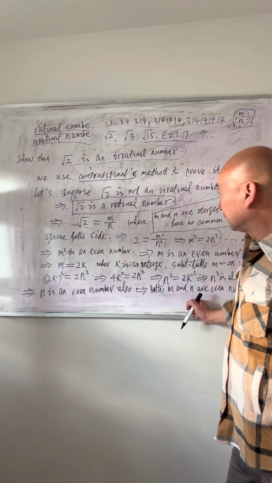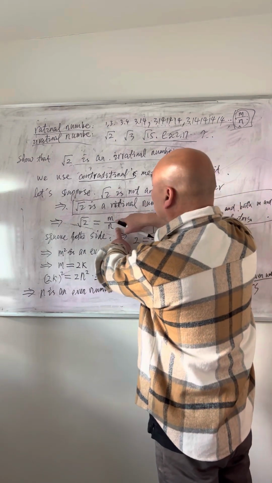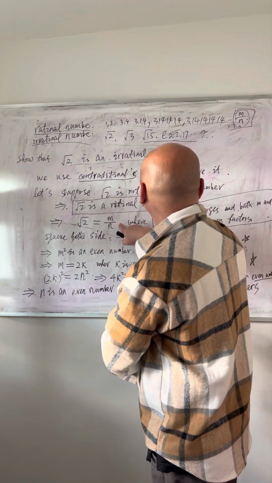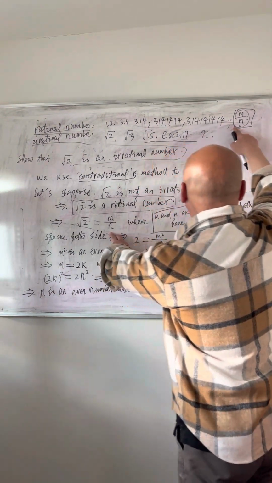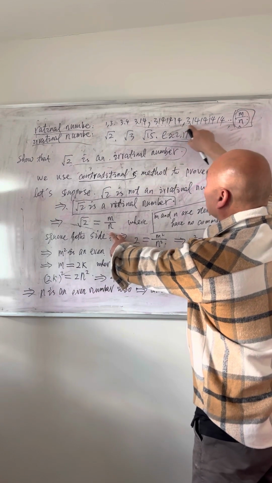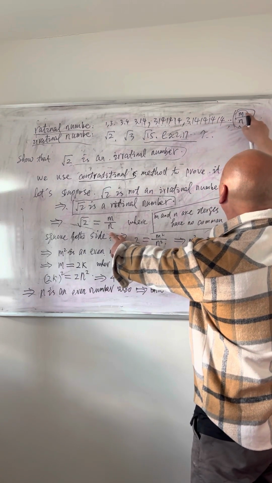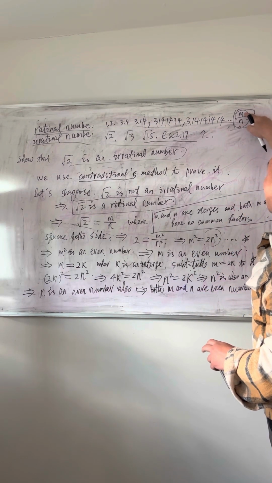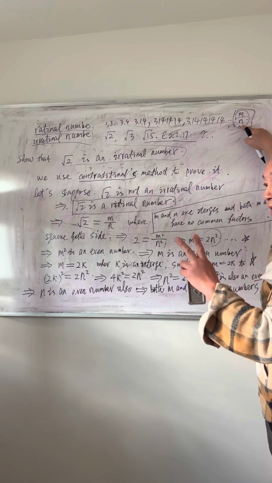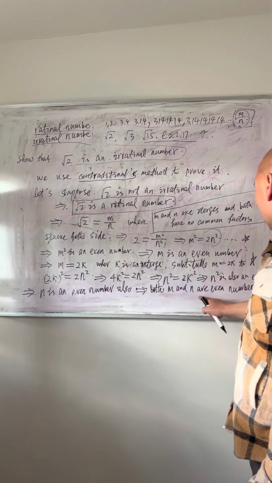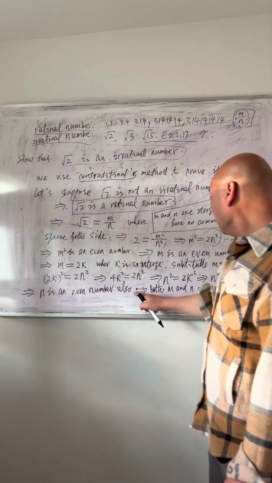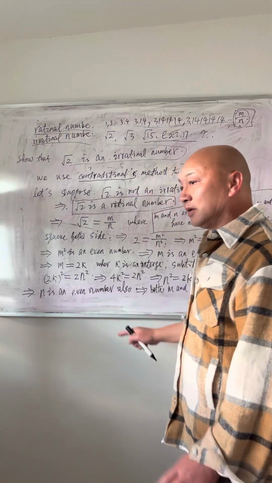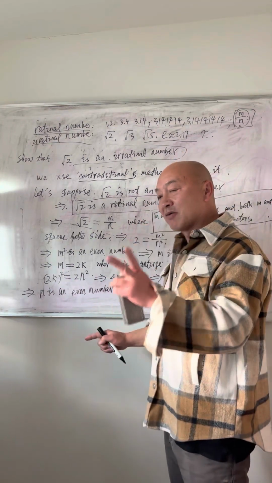What does this mean? We said if it is a rational number, it must be written as a fraction m over n where m and n have no common factor. But we proved m and n are integers that are both even. Two even numbers must have a common factor.